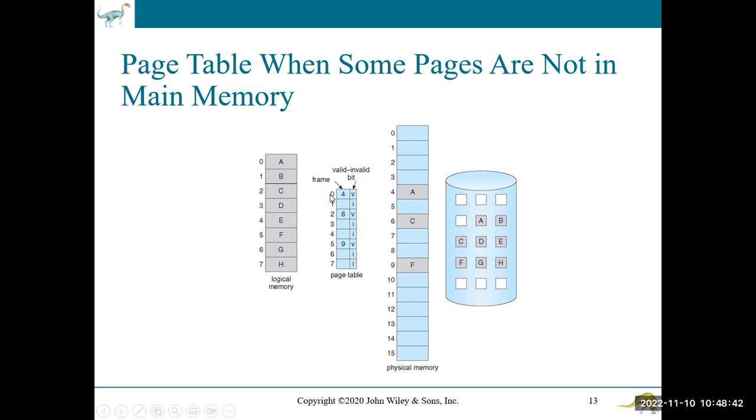So here you see on the page table, 0 V, it's in memory, in memory, in memory. But what about all the others? They're not in memory. They're still stored in the backing store, right? Does everybody understand what I just walked through?